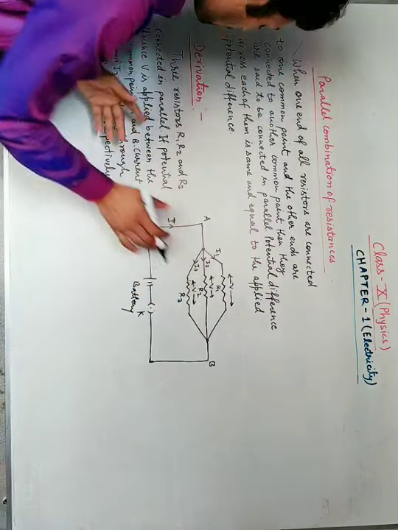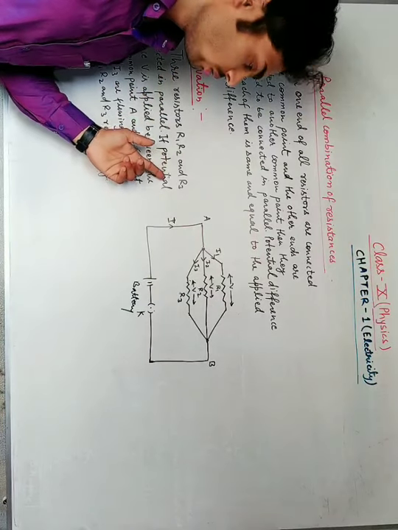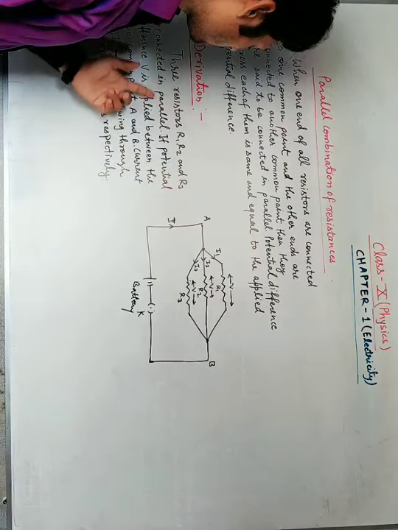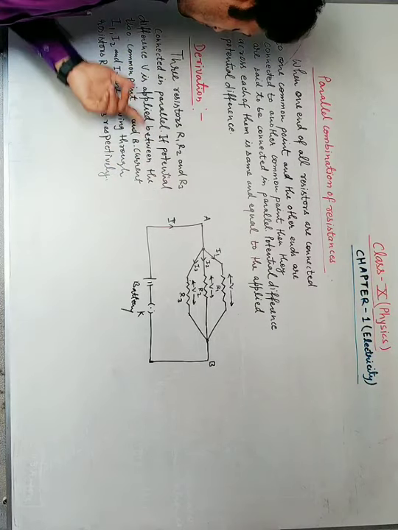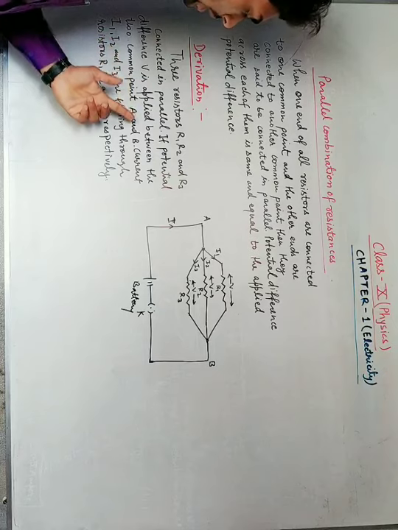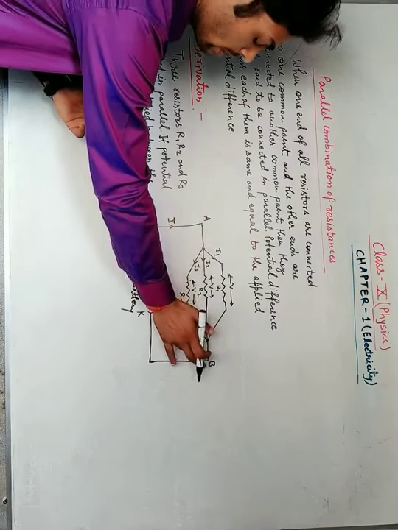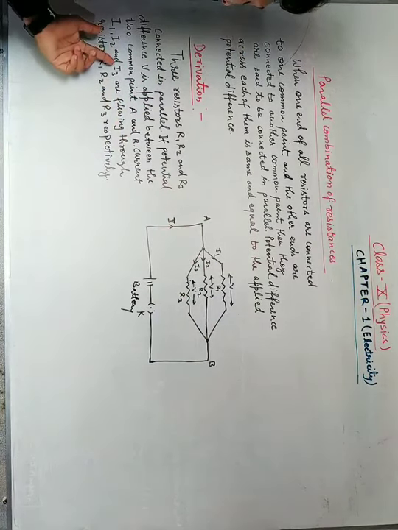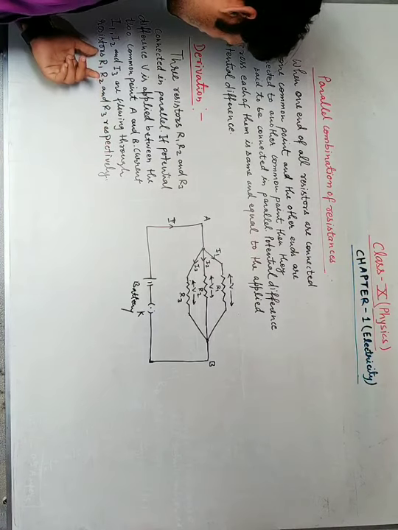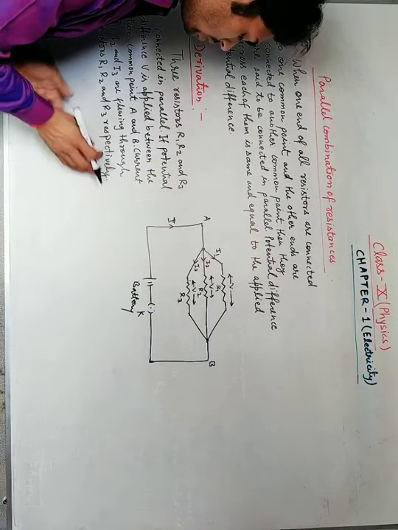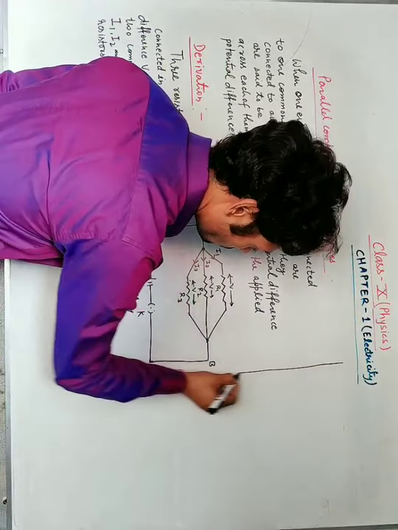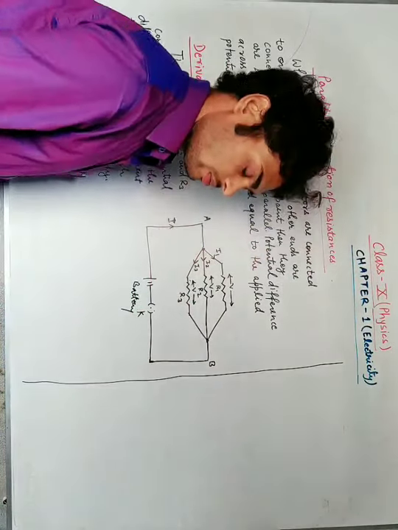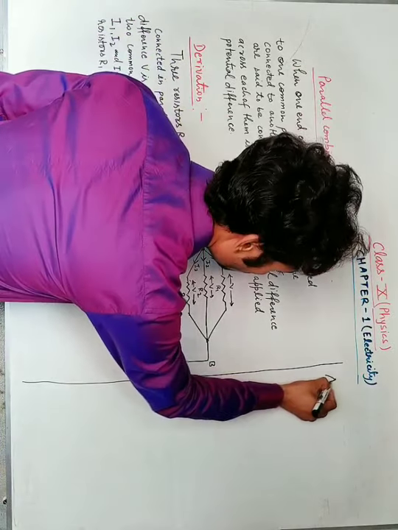If potential difference V is applied between the two common points A and B, currents I1, I2 and I3 flow through resistors R1, R2 and R3 respectively. Then how can we derive the parallel combination of resistors?